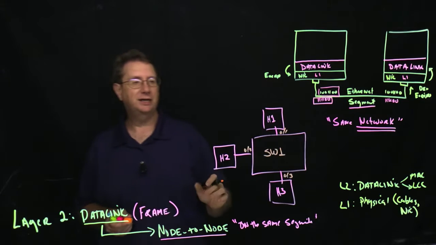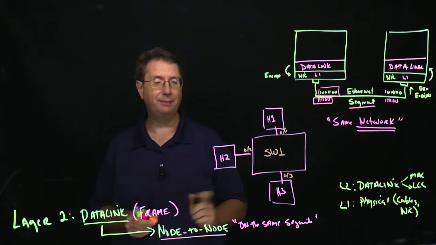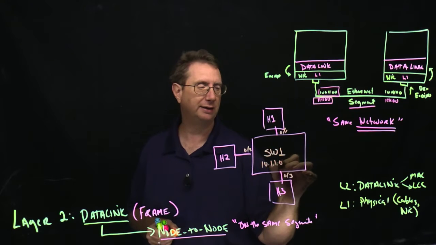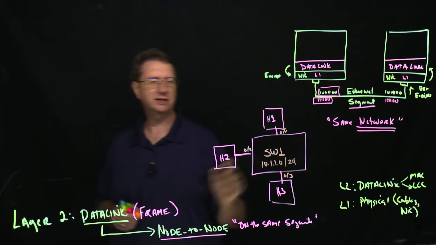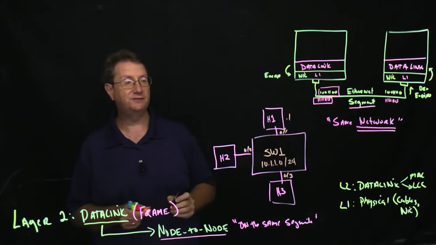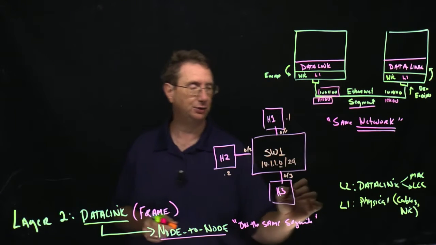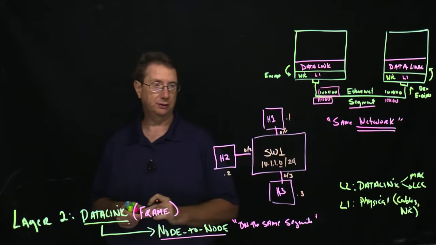Now, the object here is that I'm going to go ahead and I'm going to assign these devices IP addresses. So let's pretend that this switch is running connectivity for the network 10.1.1.0/24. And we'll get into the details of this, but understand that host 1 is going to have the value of .1 in the 4th octet, so that's right here. This guy's going to have .2 and this guy will have .3. And they need to be able to communicate with each other.